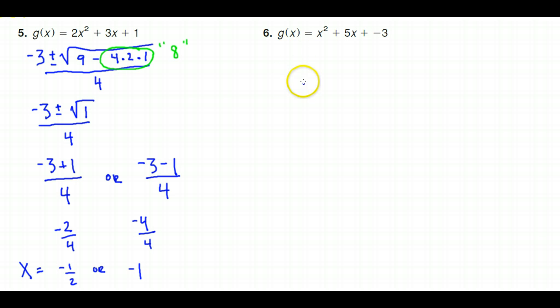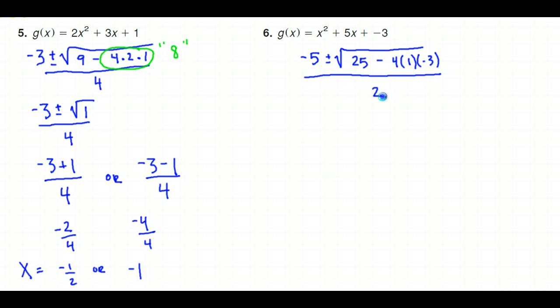All right, let's go up to the last one, number 6. Opposite of b. b is 5, so the opposite of that is negative 5 plus or minus the square root of b squared, which is 25, minus 4 times 1 times negative 3, all over 2 times 1, which is 2.